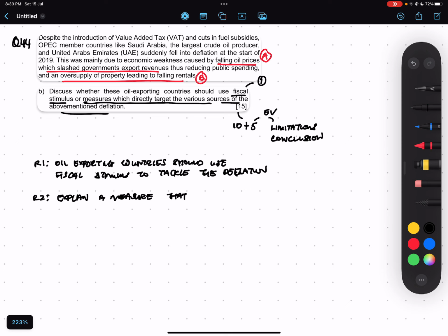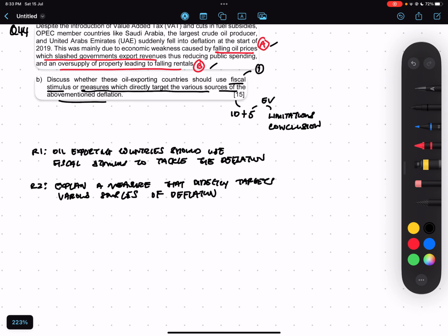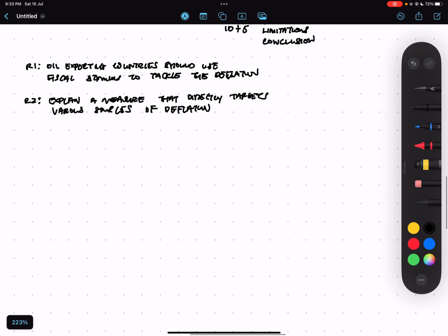Explain the measure that directly targets the various sources of deflation. Okay, so those are two requirements. So for requirement 2, you can do either A or B. Yeah, both are fine. So let's start with requirement 1 first. Okay, so fiscal stimulus.